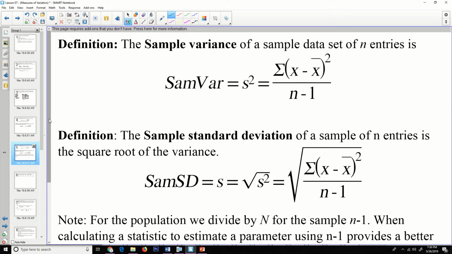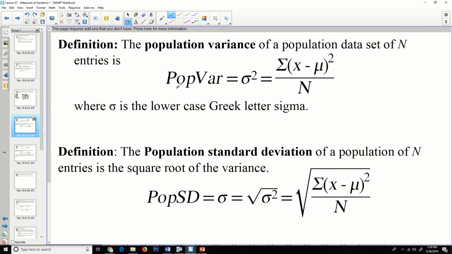The sample variance and sample standard deviation are very similar, and they use s squared and s for those two values. The big difference is that we divide by n minus 1, whereas in the population variance and population standard deviation, we use the entire value n.